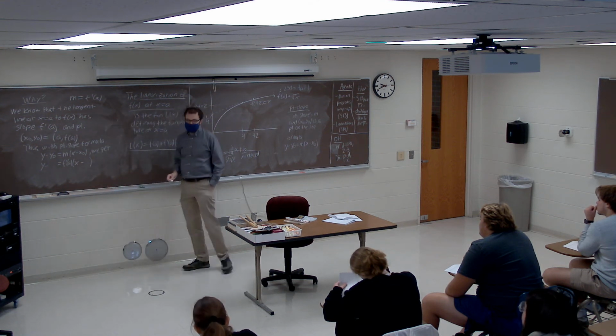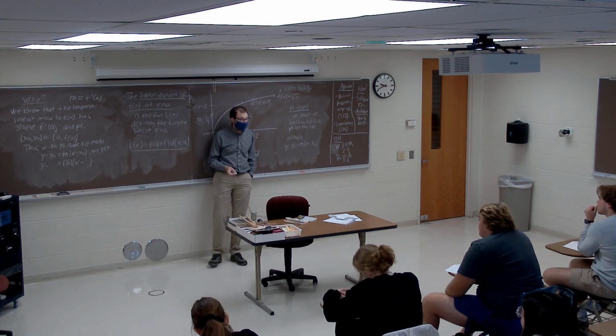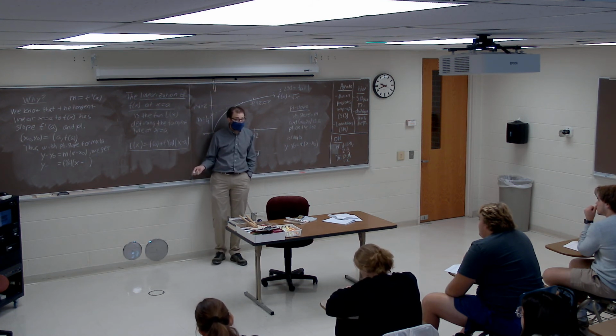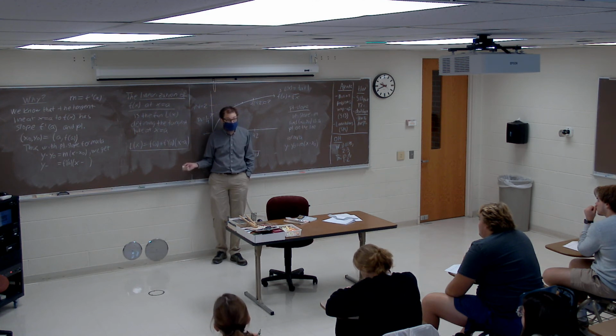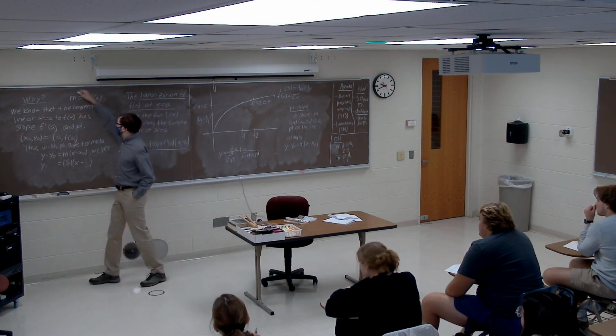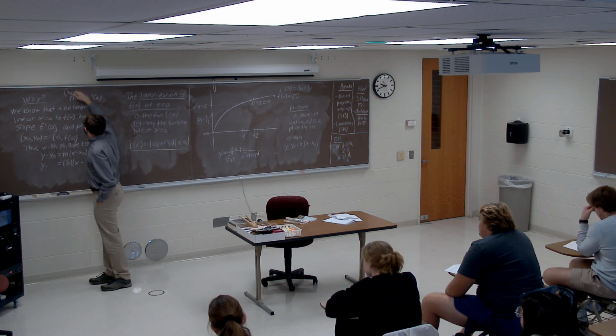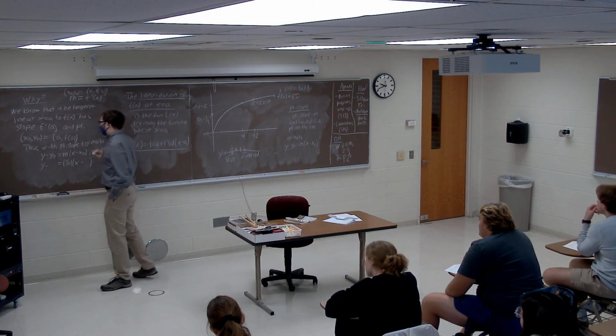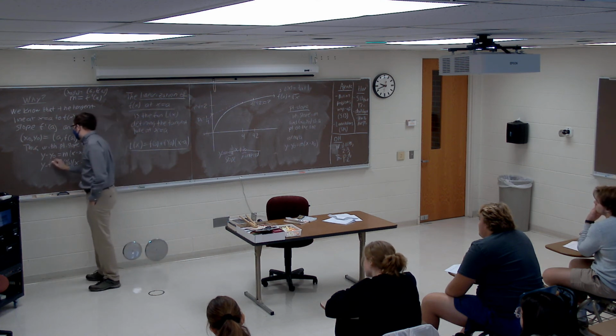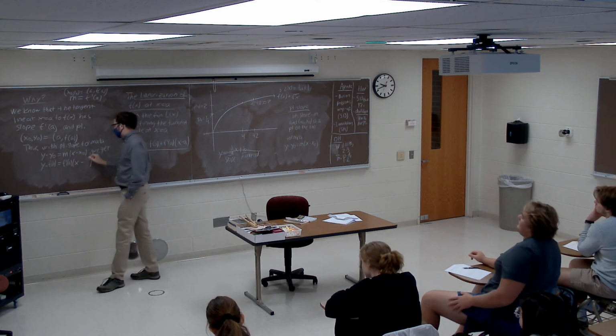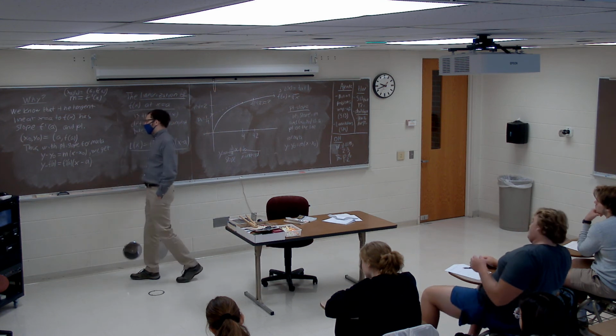X naught and y naught we can just replace with the x and y coordinates of our point on the graph of our tangent line, which is just going to be a comma f of a. So if x naught comma y naught is a comma f of a, then we can replace y naught with f of a, and x naught with just plain old a.